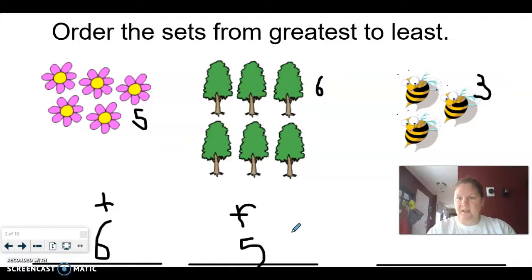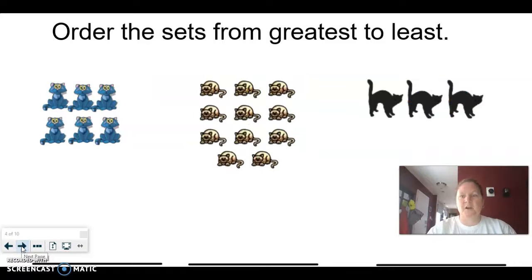The smallest amount is the 3, the bees. So in order from greatest to least, I kind of count backwards. So we go 6, 5, 4, 3. So 6, 5, 3. It's bigger to smaller, from greatest to least. Okay?